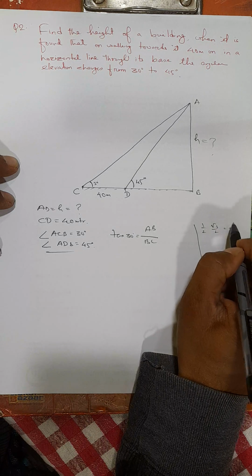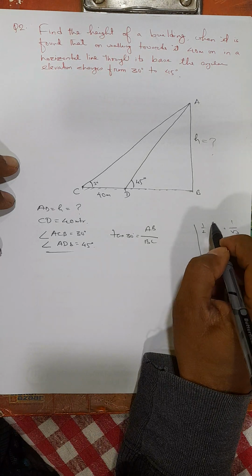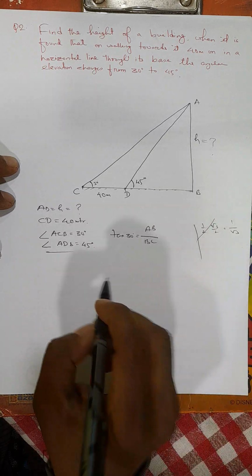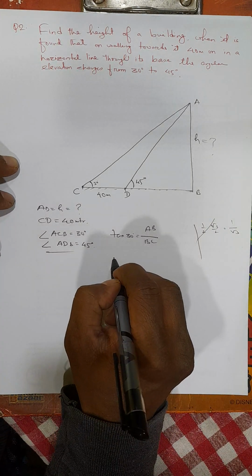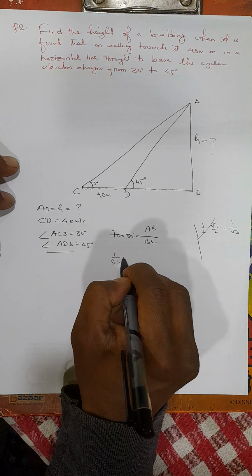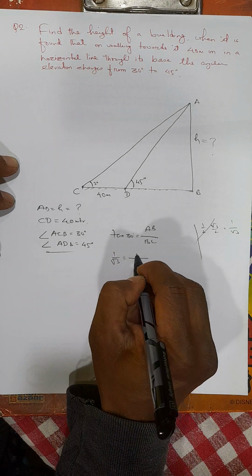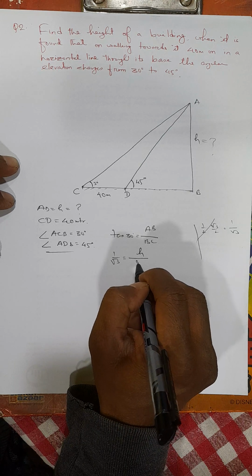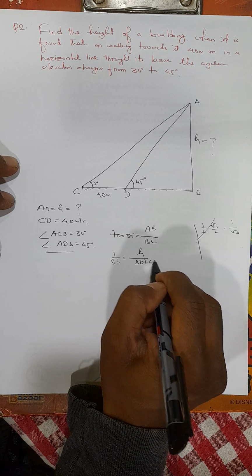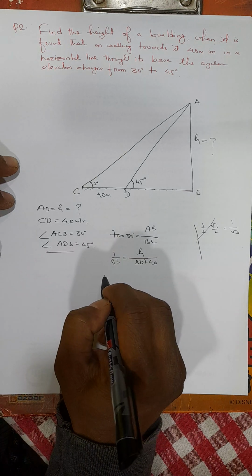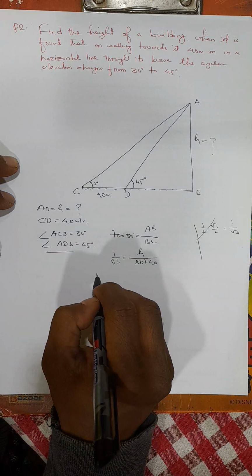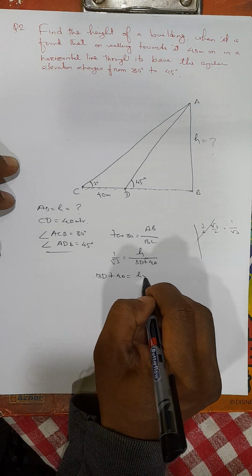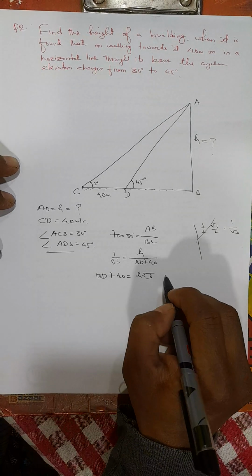So tan 30 is 1 by root 3, dividing this by this, right? 1 by root 3. So 1 by square root of 3 equal to AB means H and BC means BD plus 40, right? So BD plus 40 equal to H multiplied by square root of 3. This is suppose 1.